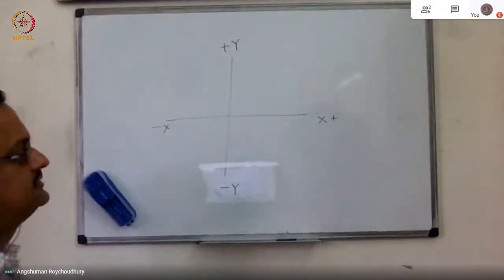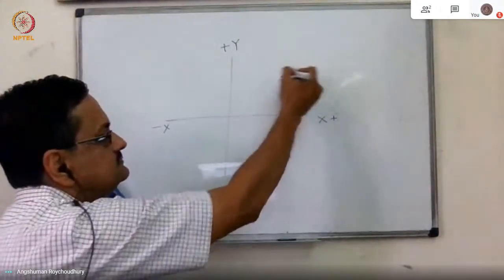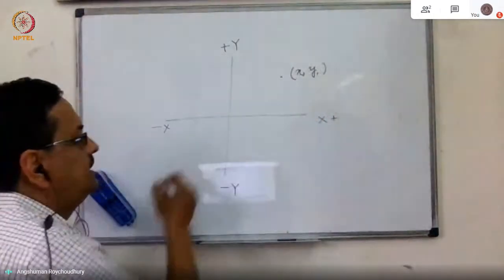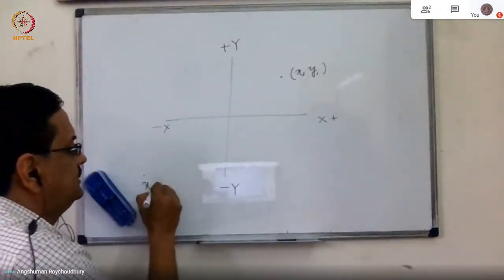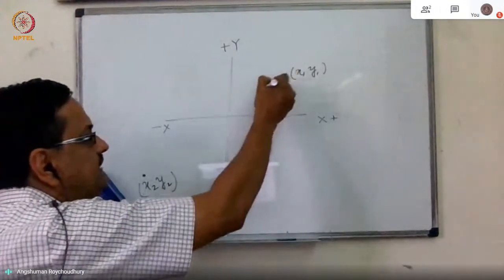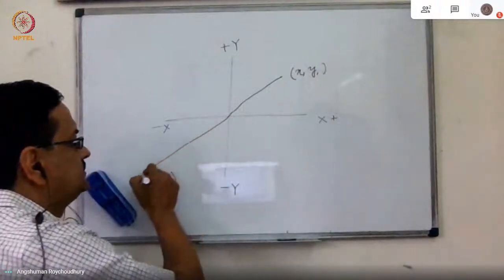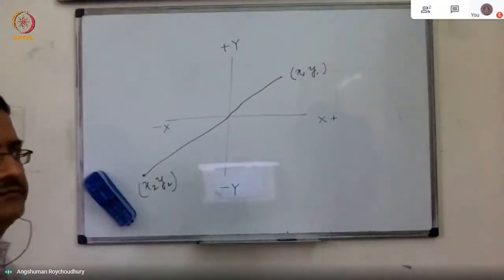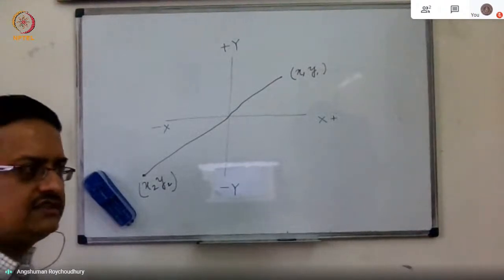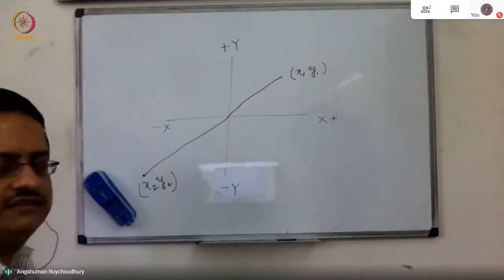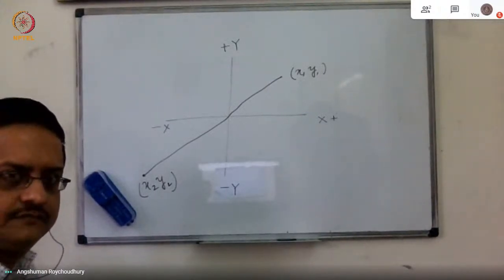And in the space, I have 2 points, x1, y1, and somewhere here, x2, y2. And I join them to a straight line like this. These 2 points may have 2 coordinates which are centrosymmetrically related, but there is a translational component associated with it.